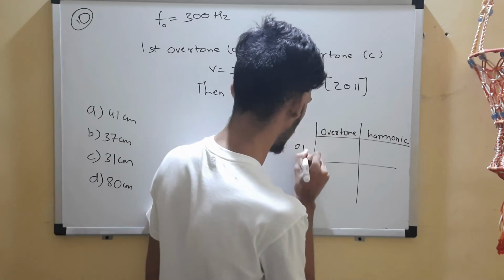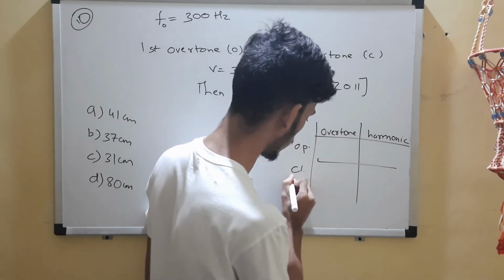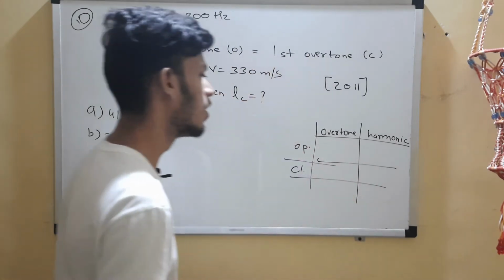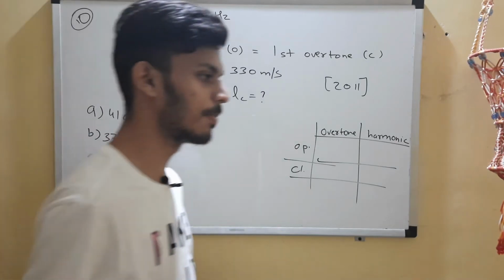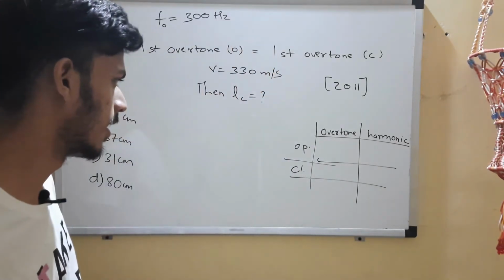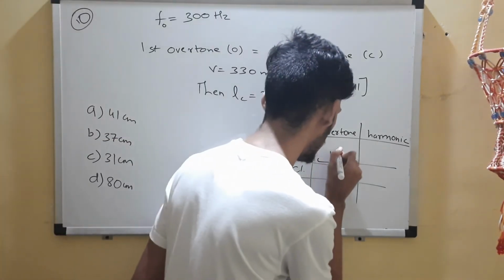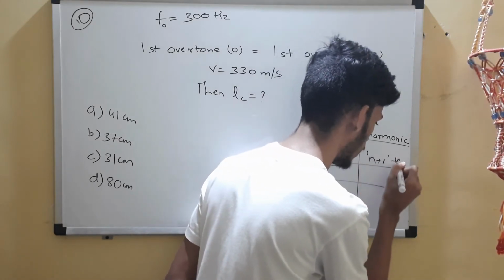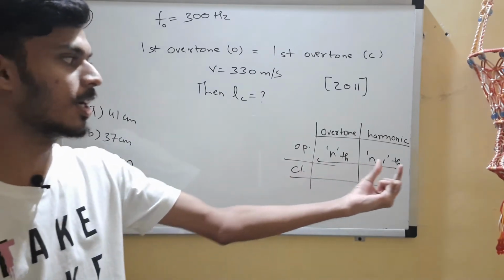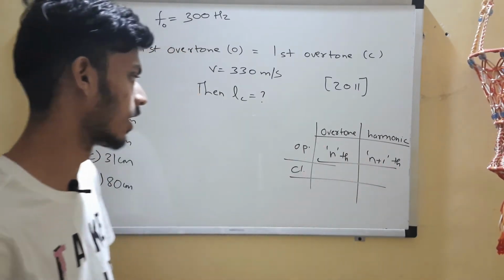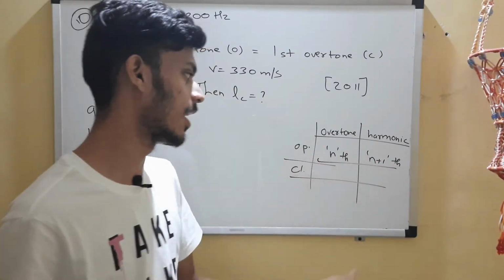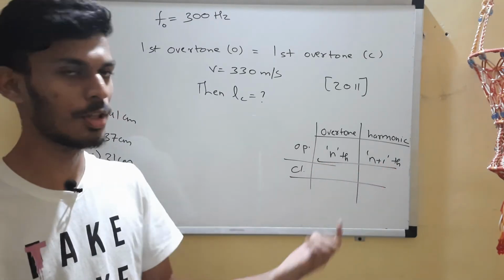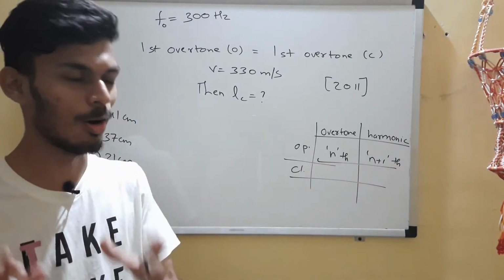For an open organ pipe, all the harmonics are present. So for the nth overtone, it will be the n plus 1 harmonic. First overtone means second harmonic, third overtone means fourth harmonic for an open organ pipe.